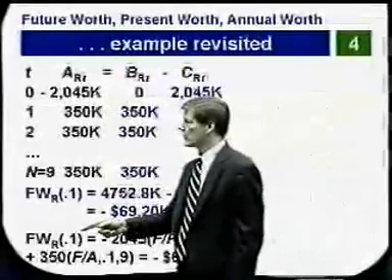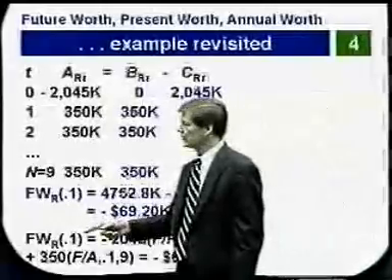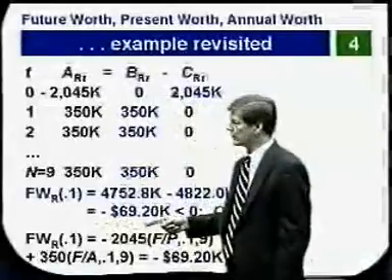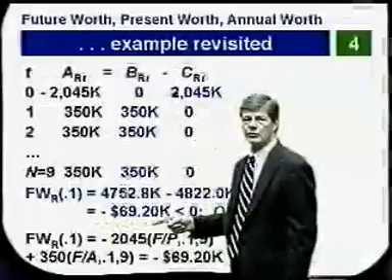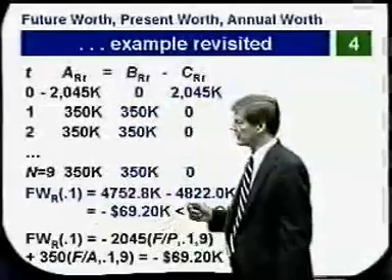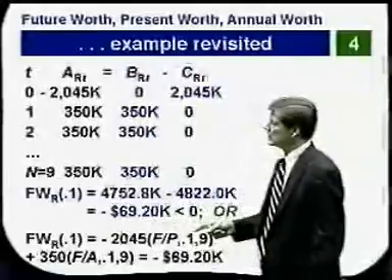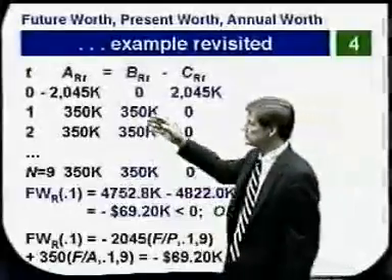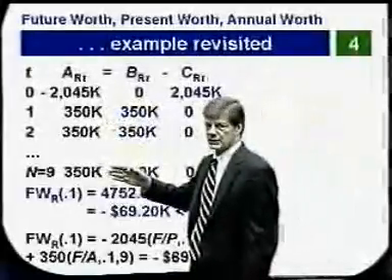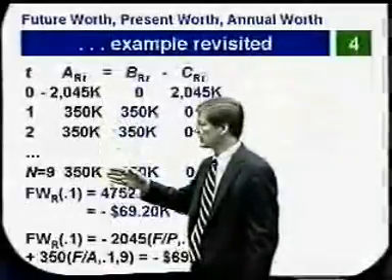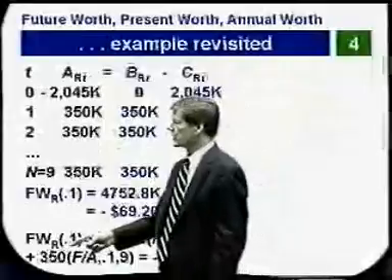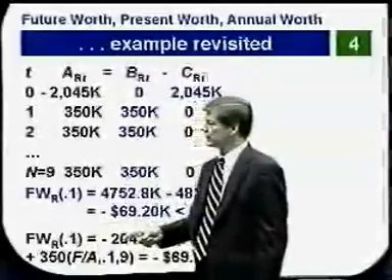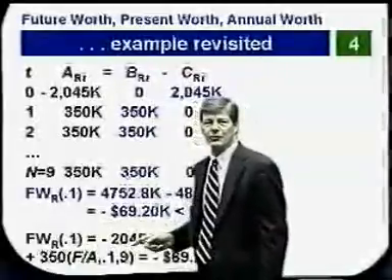The future worth on these robots, when I can invest at 10% per year, is the initial cost of $2,045,000 taken as a single amount and moved forward in time to a future amount, find F given P, when I can invest at 10% per year for 9 years, plus the future worth of these net cash flows, that is the savings for each year for the next 9 years, treated as a uniform stream of $350,000 per year, times the equivalence factor, find F given A, when I can invest at 10% per year for 9 years.